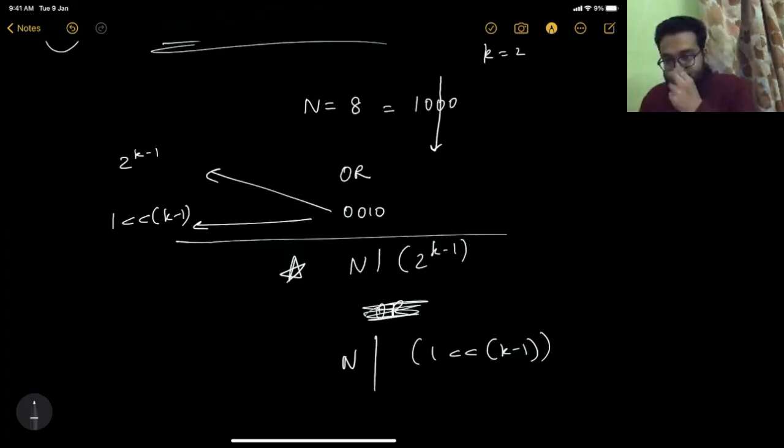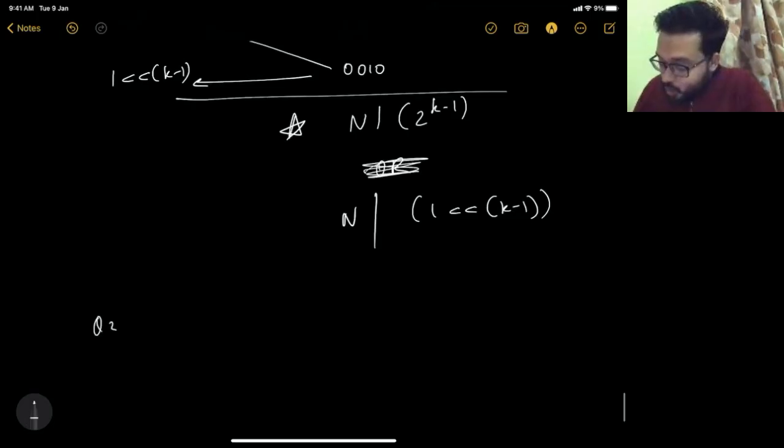Cool. Now let me give you a question for homework. I've just defined how we set the ith bit. Now the question for homework will be that you want to unset the ith bit. Is the question clear?